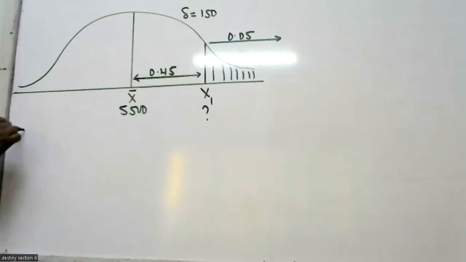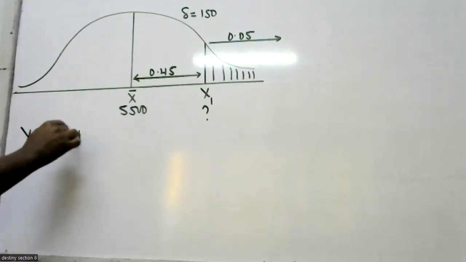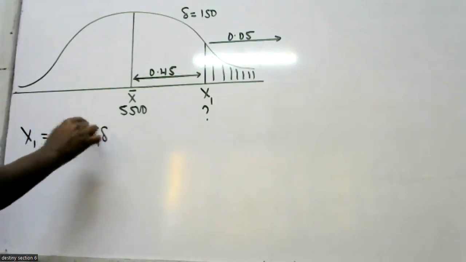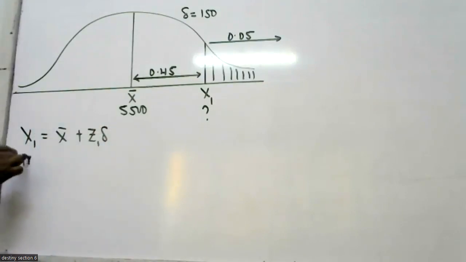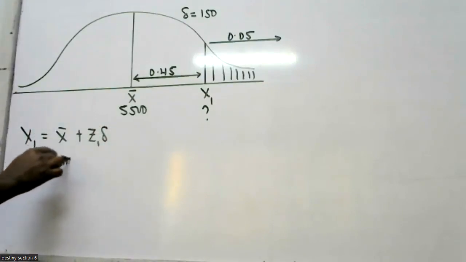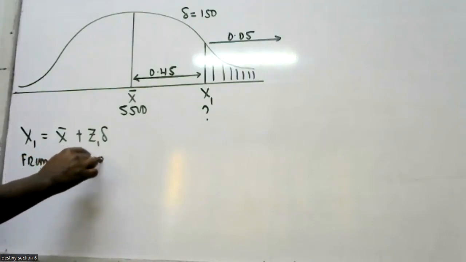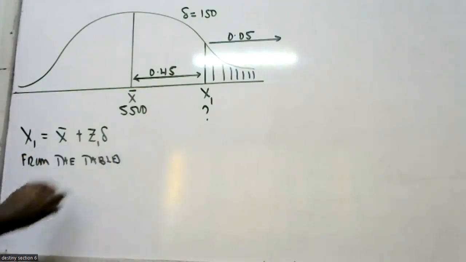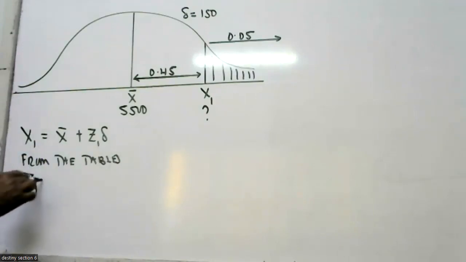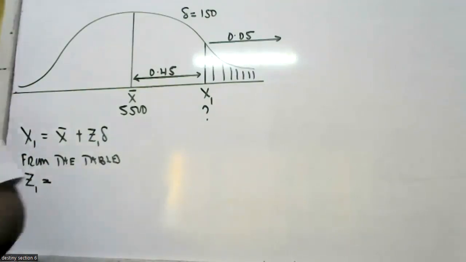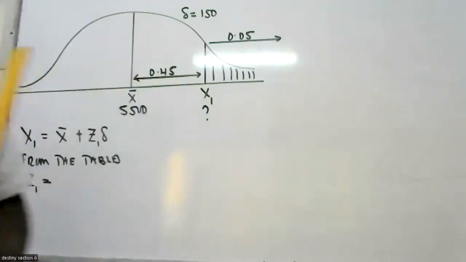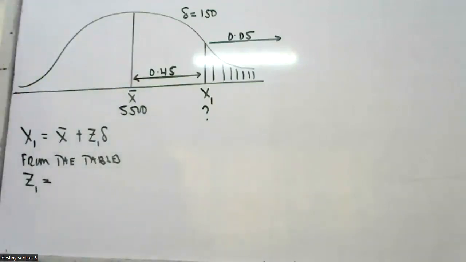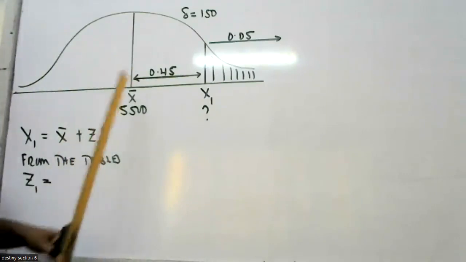Now, we then say that our x1 should be x bar plus z1 standard deviation. So from the tables, Z1, when you go to the tables, you are looking for 0.45.